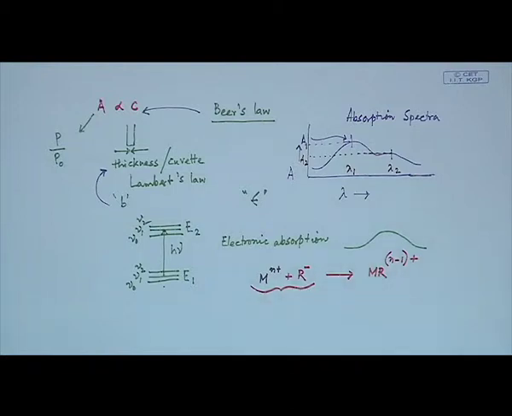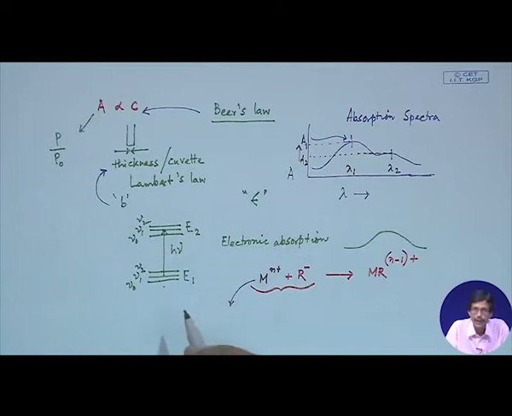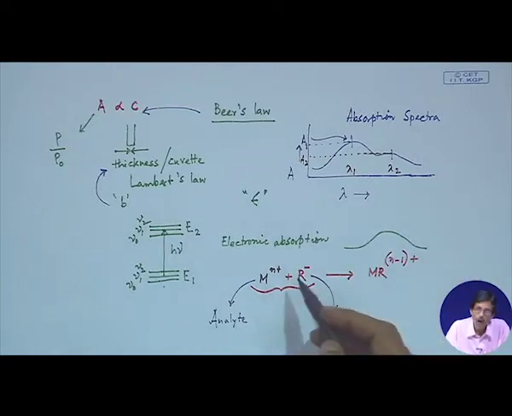So, in our terminology in analytical chemistry, we will be considering this as your analyte. When we call it analytical chemistry, we label it as an analyte, and we label this one as a reagent. R stands for your reagent.